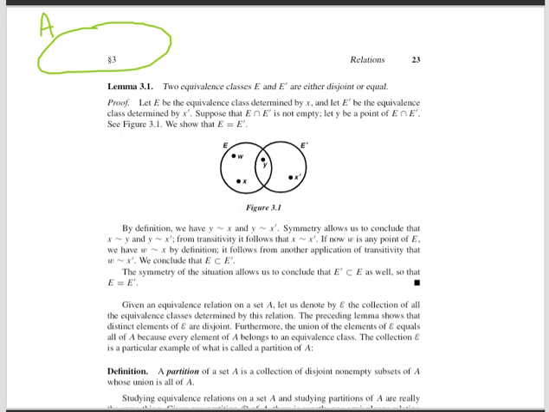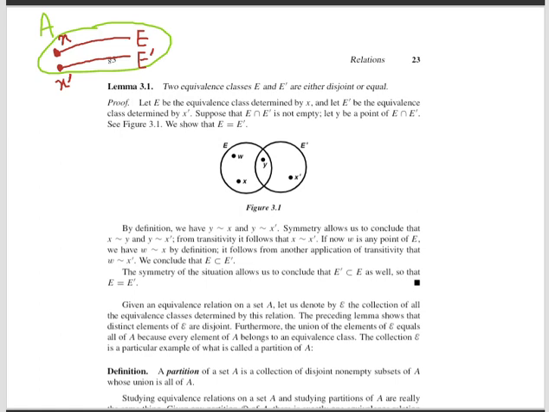This is R. This is E. This is E prime. This begins with x, this begins with x prime.